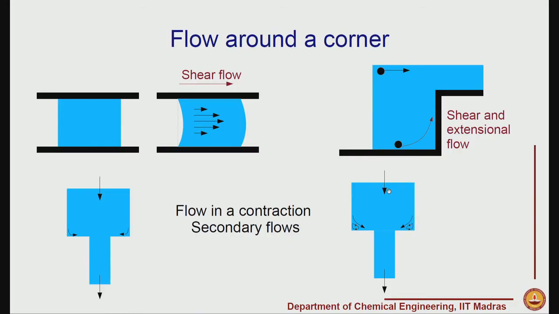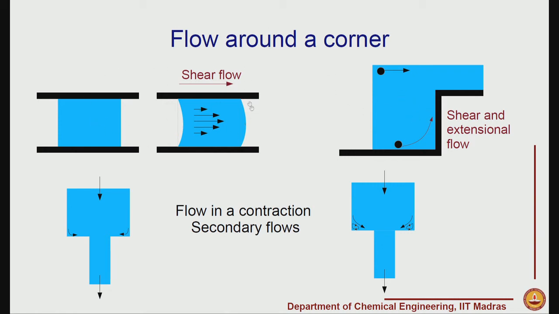More often than not, we may have combinations of shear and extensional flow in an application, but to characterize it in a laboratory, we impose either shear flow and try to understand the material behavior very well, or an extensional flow and again characterize and understand the material very well.